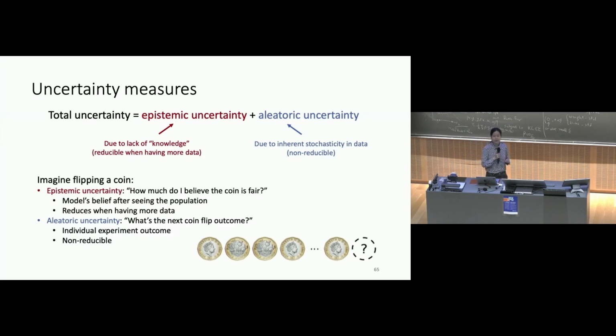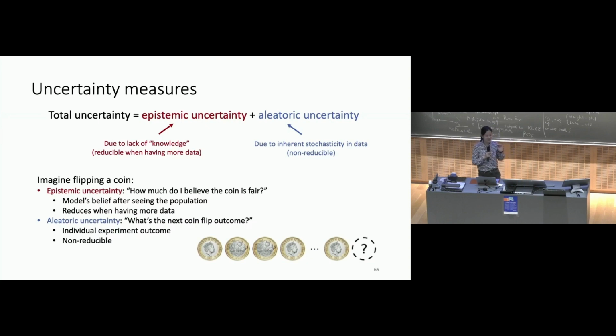But even when you flip the coin a nearly infinite number of times, you still cannot predict the next flip outcome. This is because coin flipping inherently has randomness in each flip.